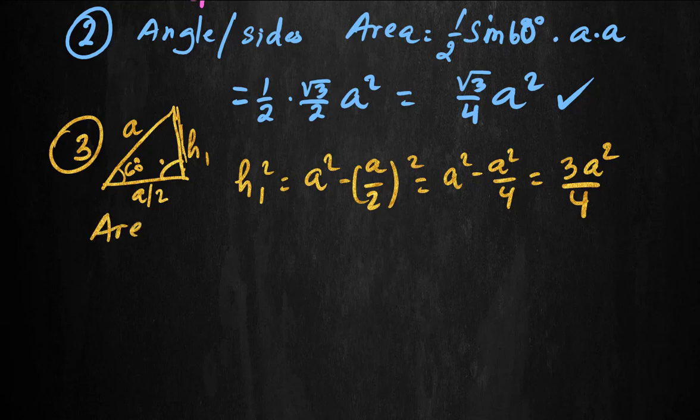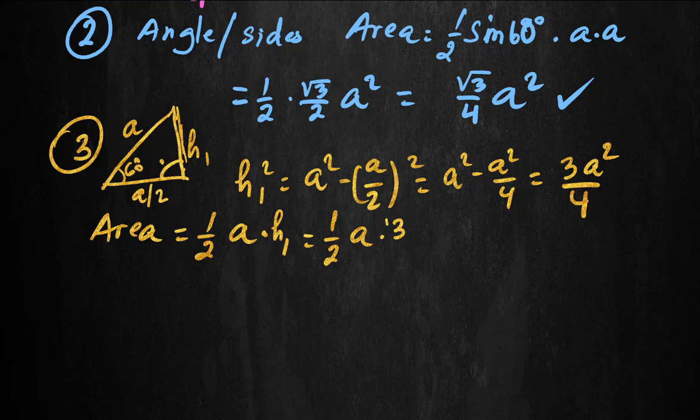is half of the base times the height. So half of the base is a, times the height h1 here, so we get, okay. Once we have that, we can do some simplification here.